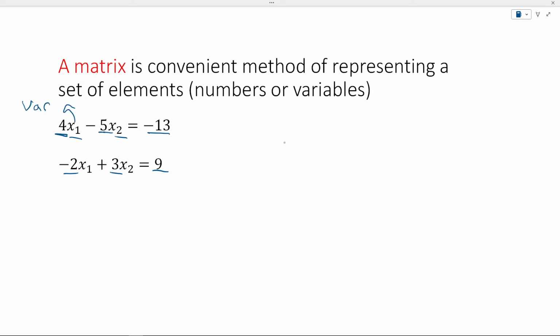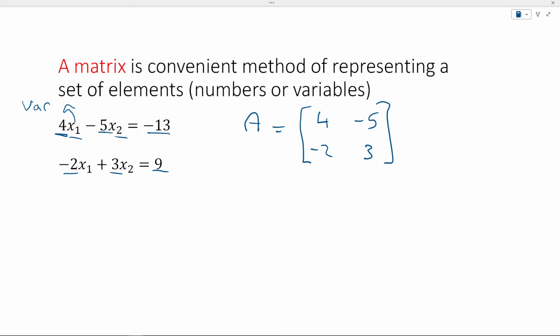Can we represent this in a matrix form? Yes, we can. I can take these parameters and say these are matrix A. So matrix A would be equal to, my first equation, that's 4 and -5, and my second equation, that would be -2 and 3.